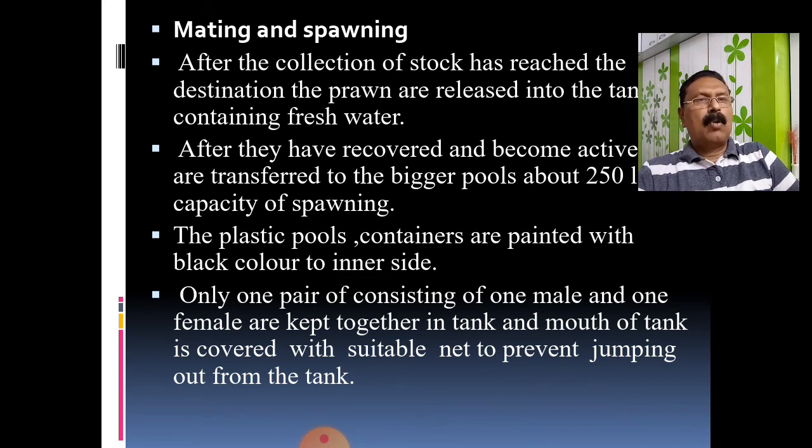So a round bottom tank, black color on the inner side, spacious, with more than 250 liter capacity of fresh water, provided with additional oxygen with the help of an aerator, is the standard condition for the mating and spawning of marine water prawn.